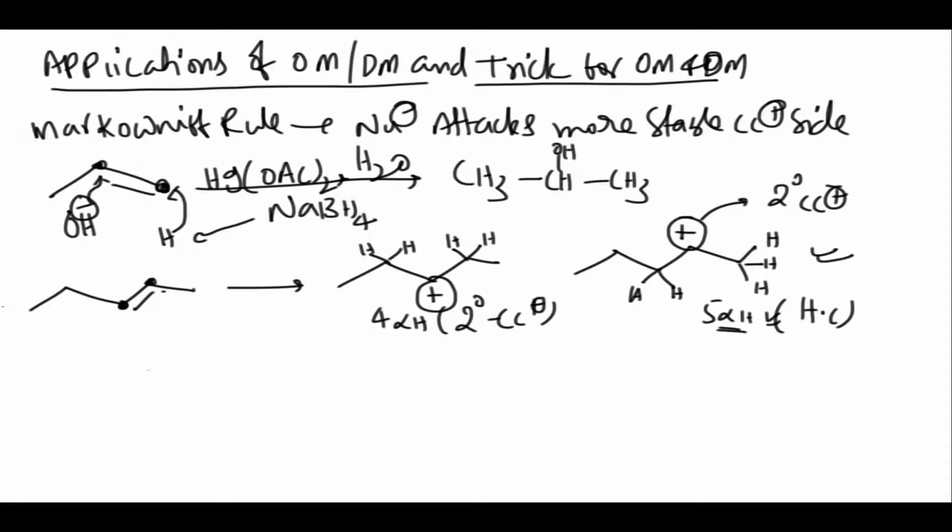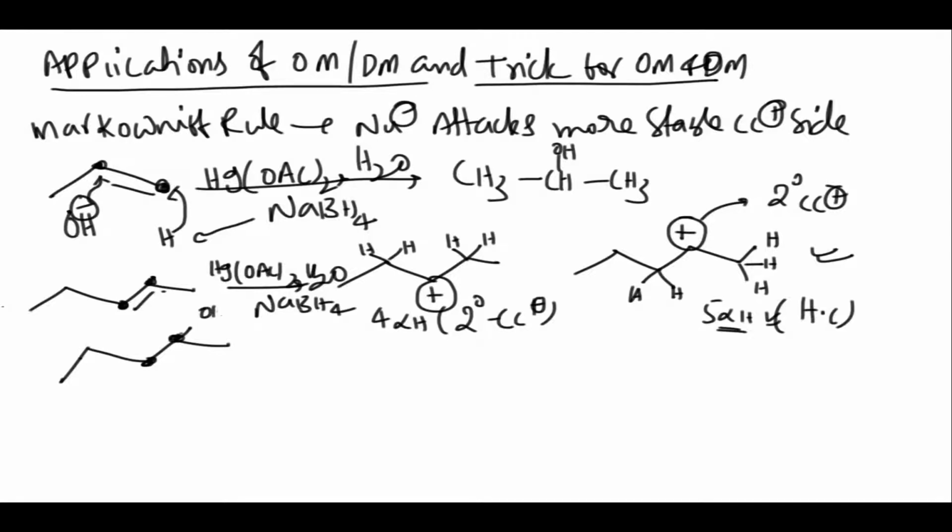You can take this example. Here, this is the more stable carbocation, so you write it here. As you know, with HgOAc twice, water and NaBH4, OH minus will go and attack.